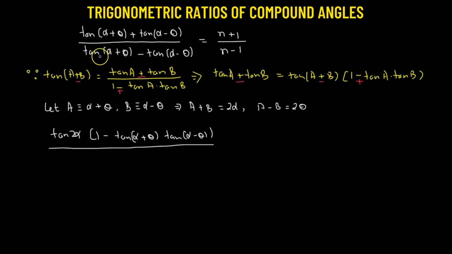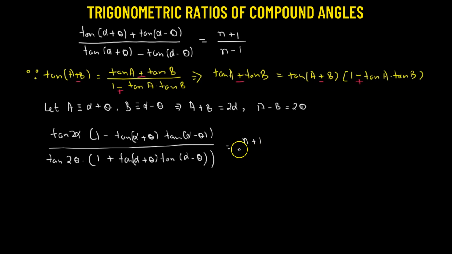Next, in the denominator we have tan A minus tan B, which is tan(A−B), that is tan 2θ, multiplied by 1 plus tan A, which is tan(α+θ), times tan B, which is tan(α−θ). On the right hand side we keep it intact.